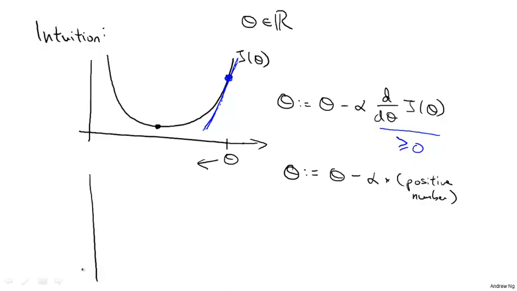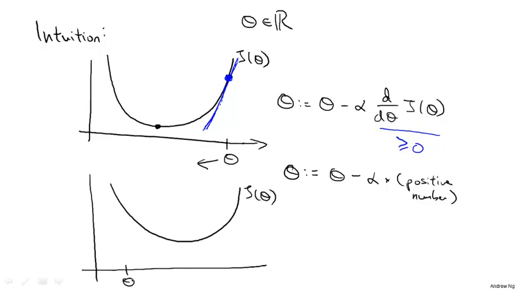In contrast, let's say that's J of theta as before. If I had initialized theta down here, then we'd be starting off at this point on J of theta. I'm not drawing this very well, but at that point the derivative is going to be negative, because this blue line here, the slope, is negative at this point.